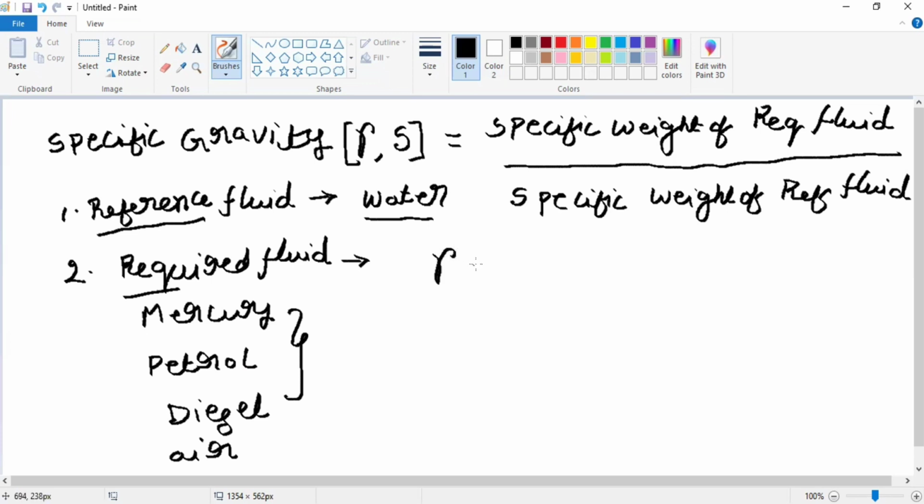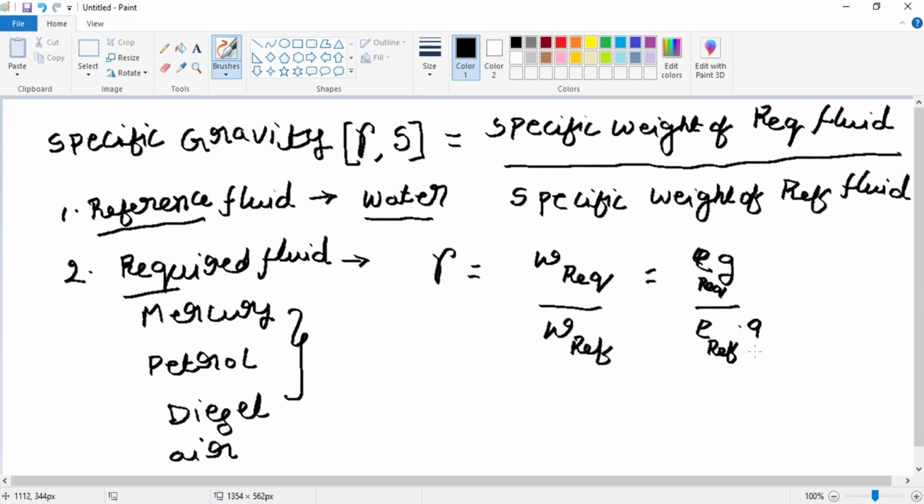So from this we can write the formula: gamma equal to specific weight, small w, of the required fluid by specific weight of the reference fluid. From this, we know specific weight can be written as rho into g, where rho means density. So, density of the required fluid into gravitation by density of the reference fluid into gravitation.